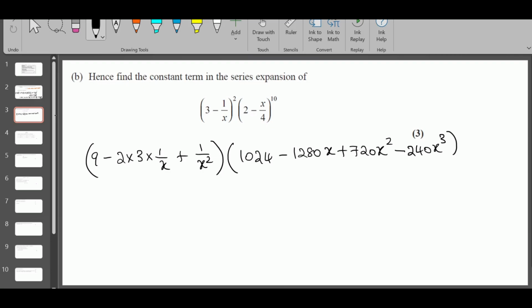Okay, we want the constant term. When you multiply this by this, you get a constant term, 9 times 1024. And when you multiply this by this, the x and x will be cancelled, so you will get a constant term: minus 6, 2 3s are 6, times minus 1280. When you multiply these two, the x square will be cancelled, and you will get the constant term.